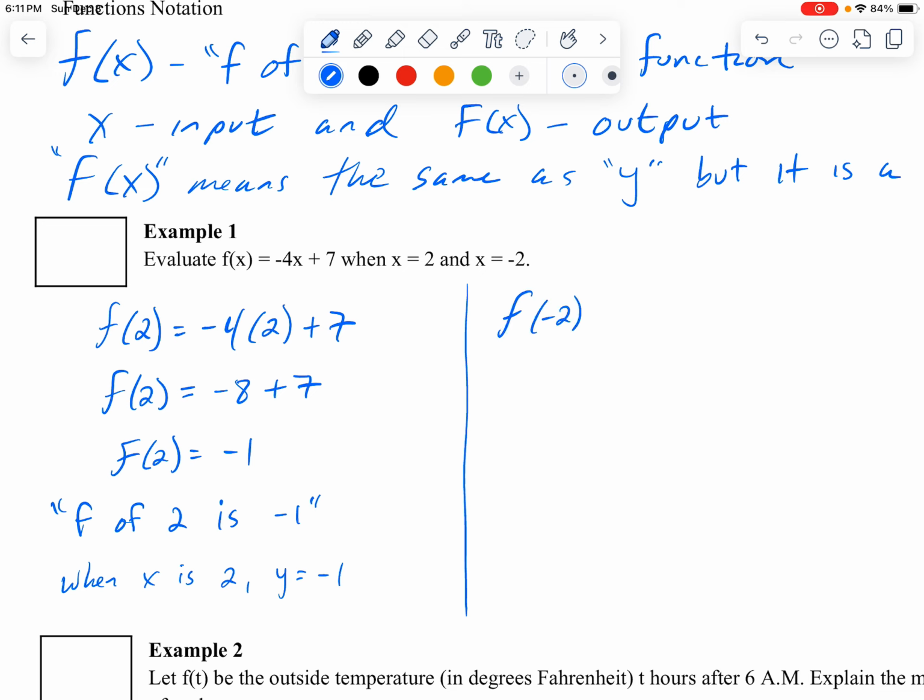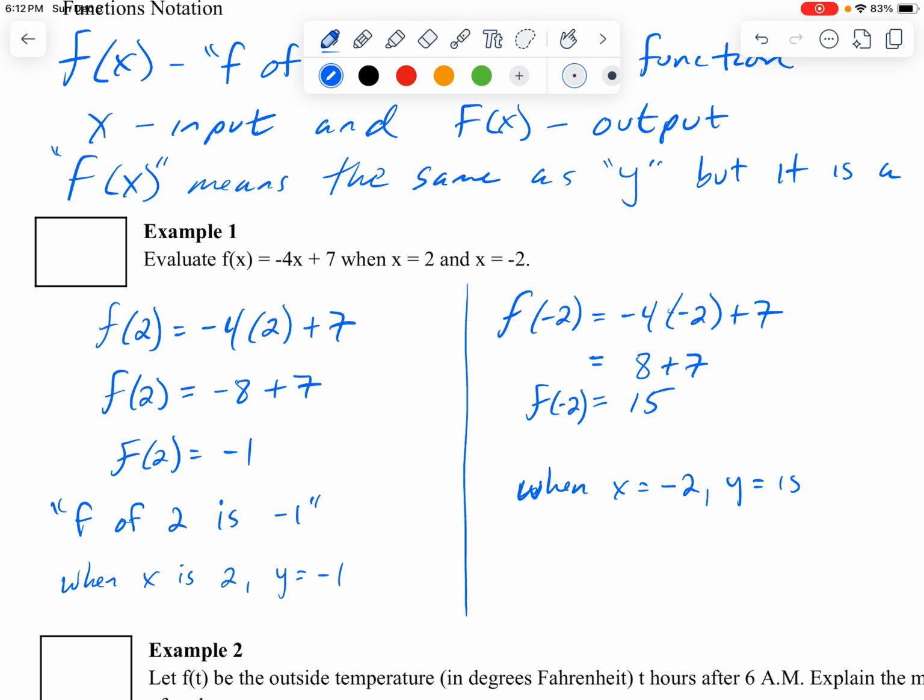So when x is negative 2, we'll say f of negative 2 is negative 4 times negative 2 plus 7, which is going to be 8 plus 7, which is 15. So f of negative 2 is 15. Or, same thing, when x is negative 2, y is 15.